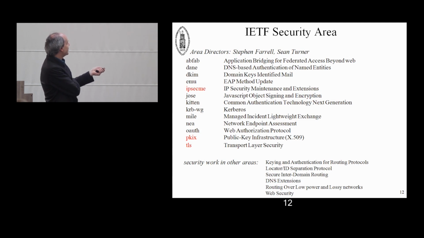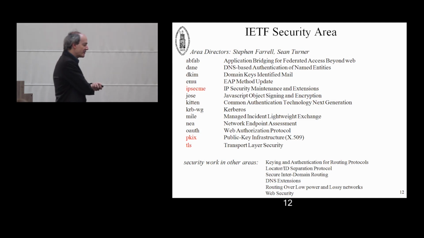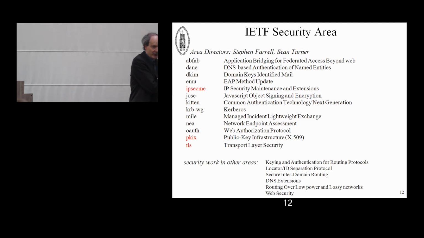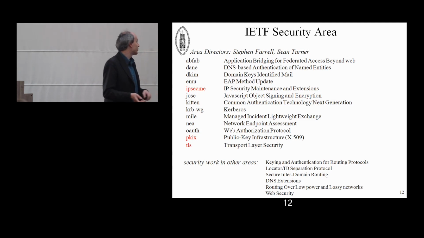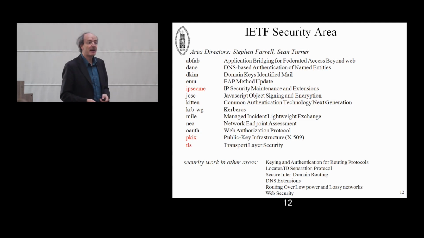OAuth is about web authorization. Kerberos is still active after many, many years. DKIM, this is for preventing spam, and DANE, this is actually a protocol that tries to improve key distribution for SSL TLS, for example, by basing it on DNSSEC. Okay? And so this is quite dynamic, so every 6 months new working groups are being created and working groups are being disbanded.